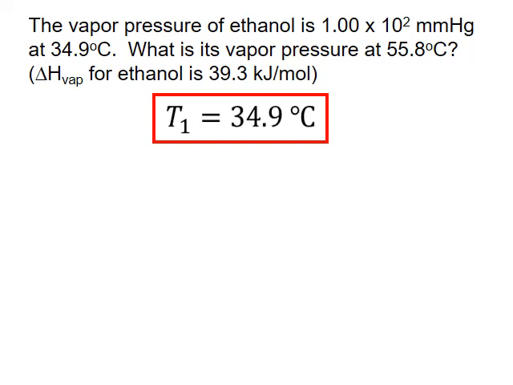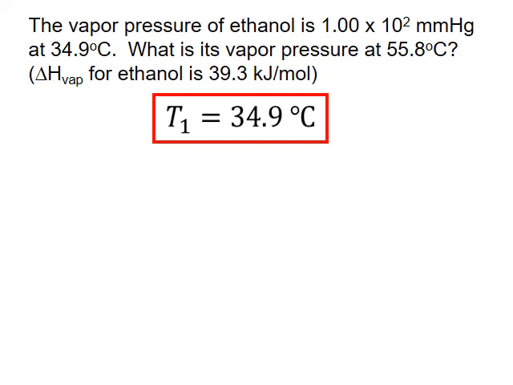In this problem, we're given one complete data point of temperature and pressure, 1.00 times 10 to the second millimeters of mercury at 34.9 degrees Celsius. We're also given the enthalpy of vaporization, and we're given a partial data point for the second, 55.8 degrees Celsius, and asked to solve for the pressure associated with this temperature.